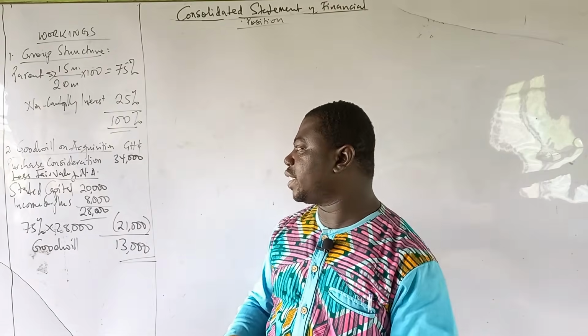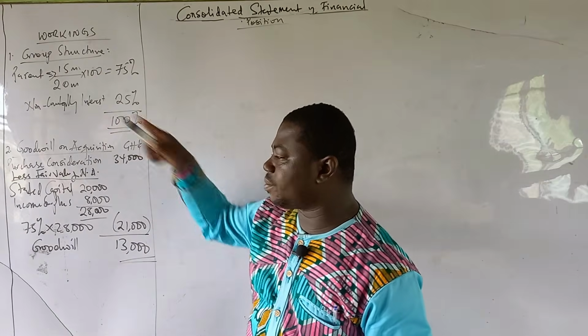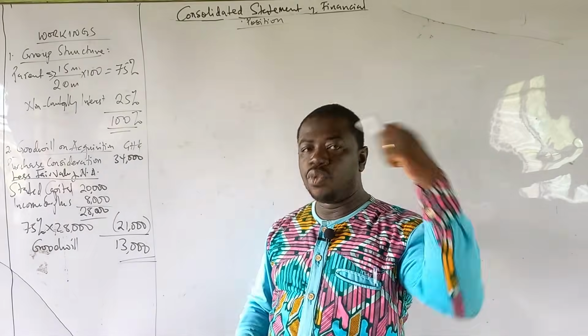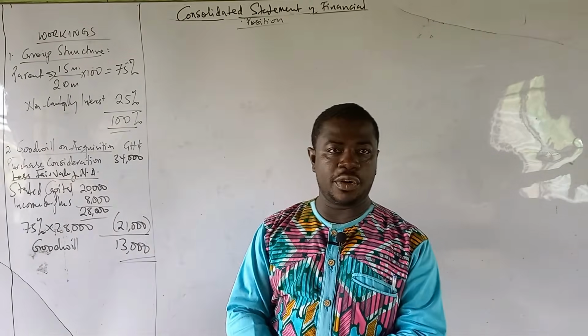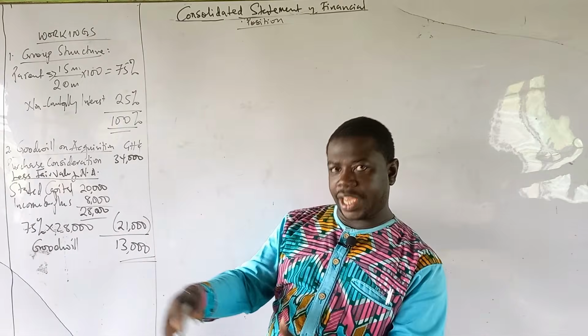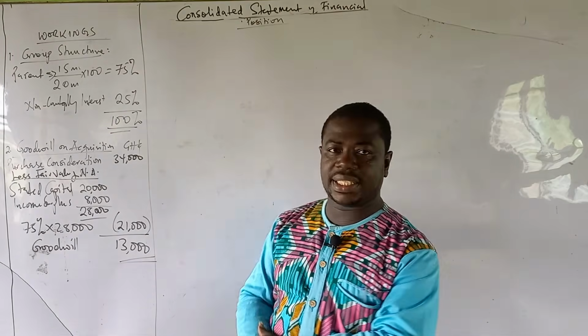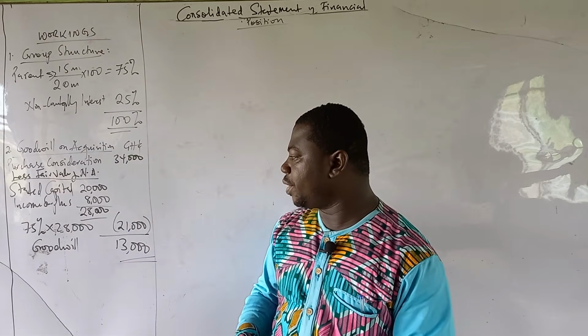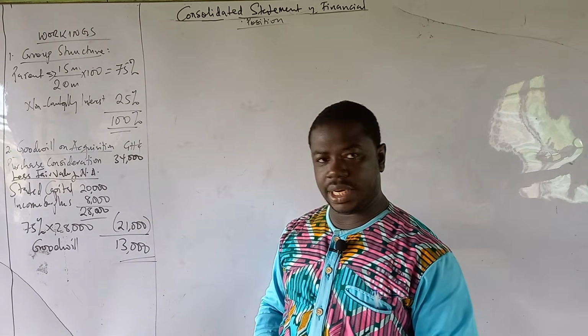But the most important thing is that when it is a partly owned subsidiary, you have to calculate goodwill for the parent, except going forward, they will give us a fair value of NCI, which will add up, which I will also explain. I don't want to run ahead of myself, but for now, just understand this very well. So these are the basics. So that is the value of goodwill now.